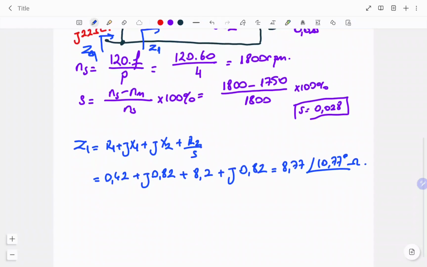Now the equivalent impedance can be calculated with the parallel connection of Z1 and Xm: 1 over Xm, and its parallel connection with Z1.